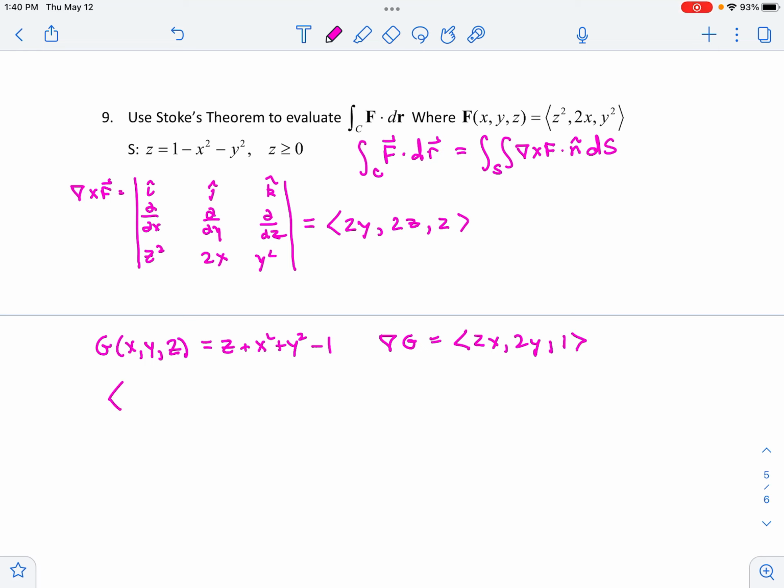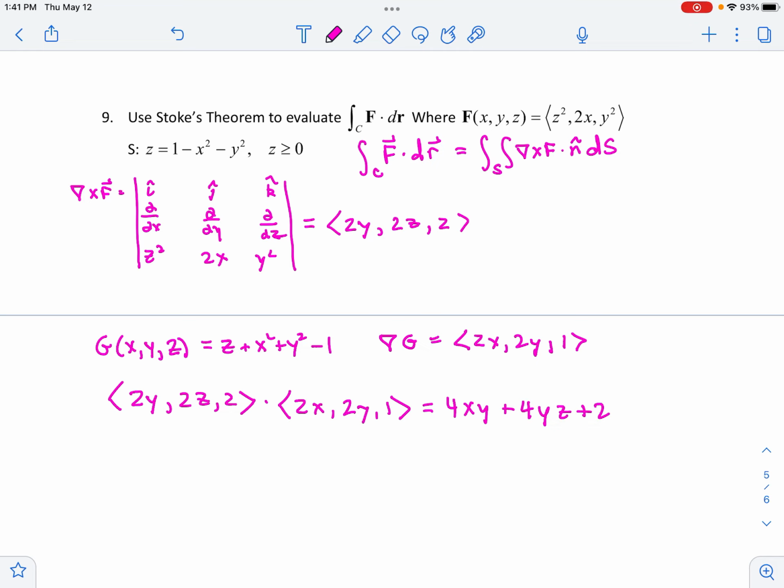Then I dot product these two little fellas, 2x, 2y, and 1. And let's see what I get now. I get 4xy. Whoops, it's not a vector. 4xy plus 4yz plus 2. Yeah, that's it.